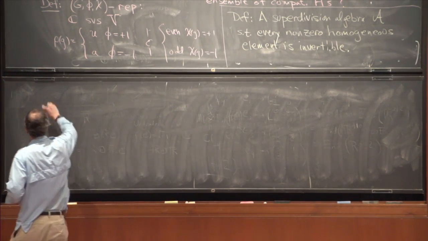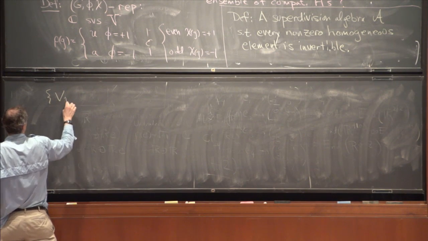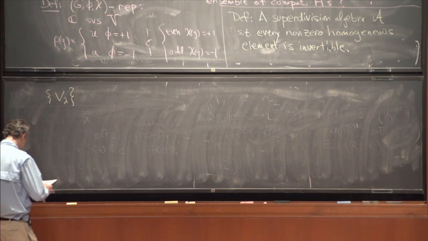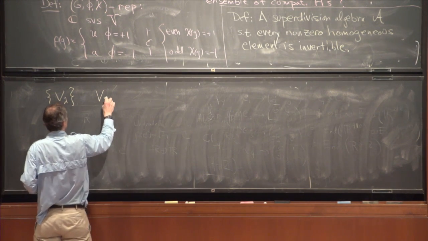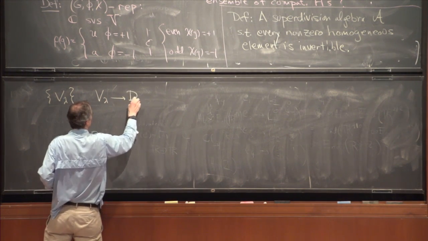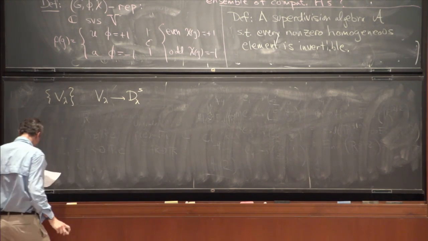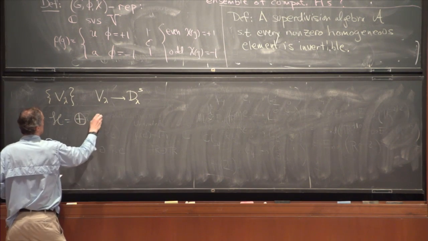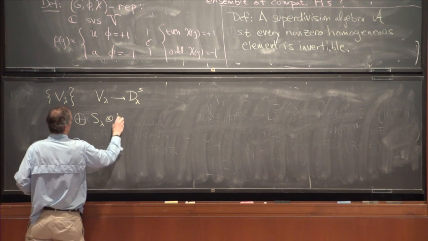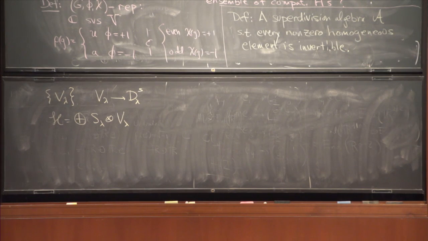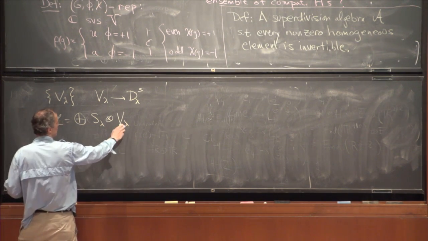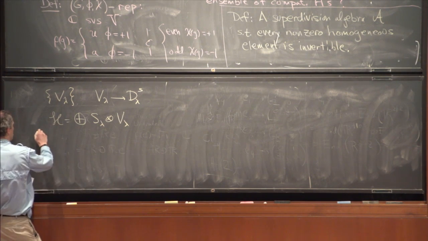So now we make a complete list of distinct irreducible representations. To each V lambda, we associate a superdivision algebra. And the Hilbert space is, again, a direct sum of degeneracy spaces times irreducible representations.